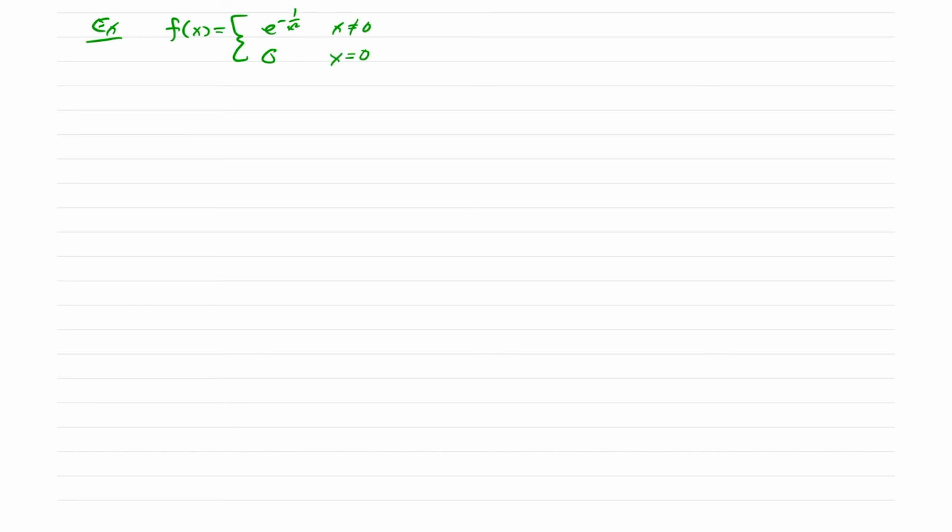If you think about it for a second, first of all, it's an even function, and if we aren't at 0, it's roughly a Gaussian, kind of. As x goes to infinity, e to the minus 1 over x squared goes to 1.